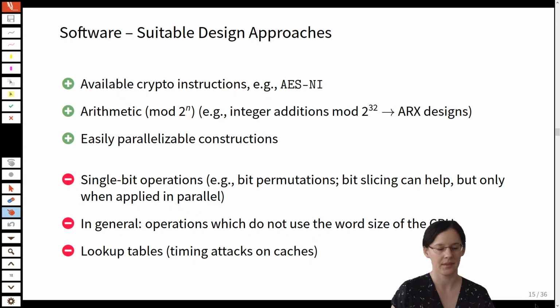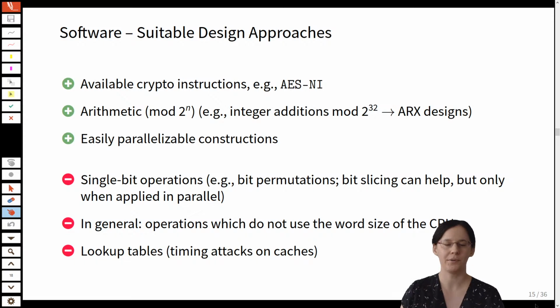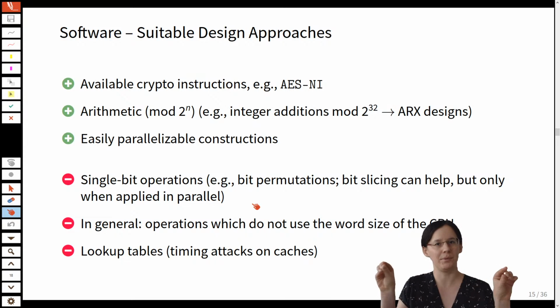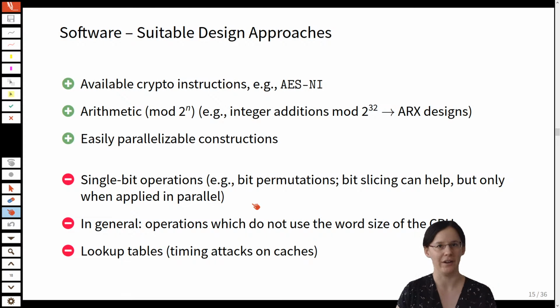That's nice. What does not work so well in software? Well, actually, one of the things that is quite popular in old lightweight ciphers, namely single bit operations, like taking the bits of a word and rewiring them in some predefined way within a word.